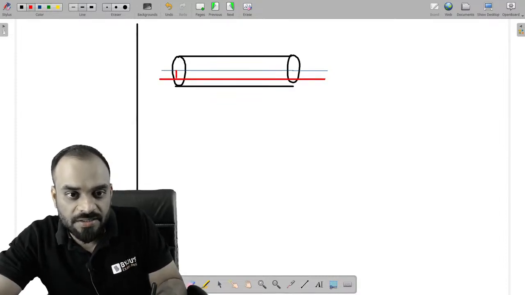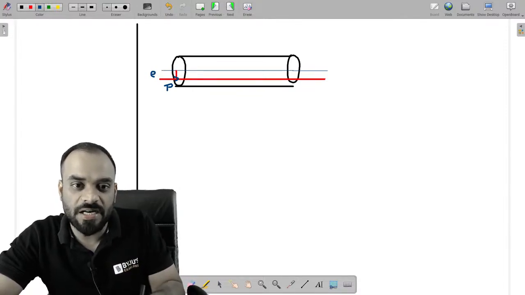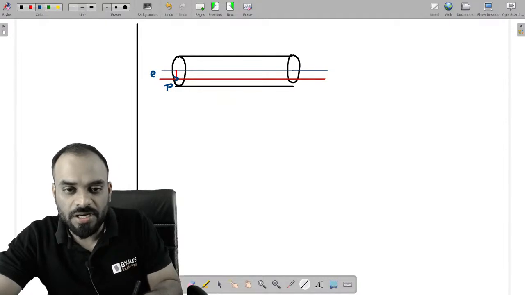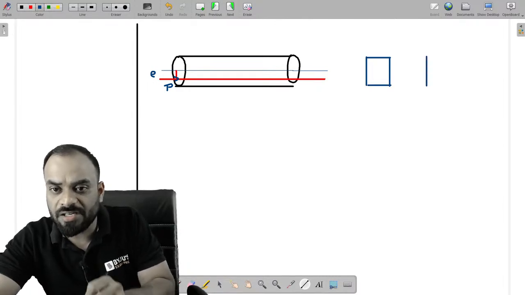Let us consider the eccentricity for this is E and the pre-stressing force is P. Correct? Now tell me, guys, if you calculate the stress at the top fiber, there are two types of stress which will come. One is direct compression and second is bending compression and bending tension.